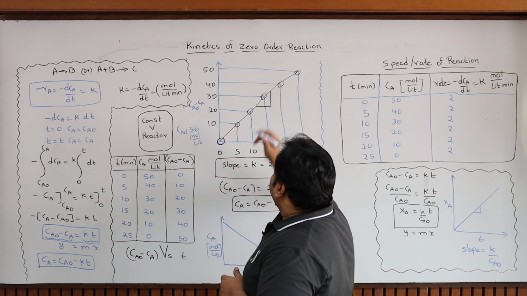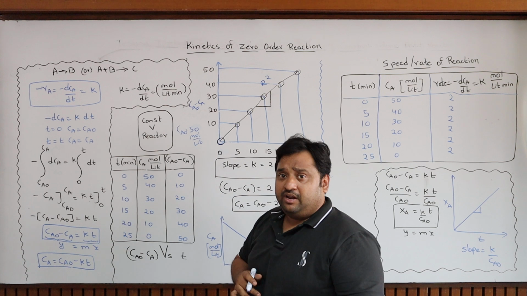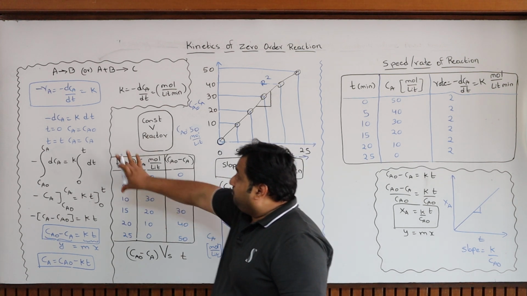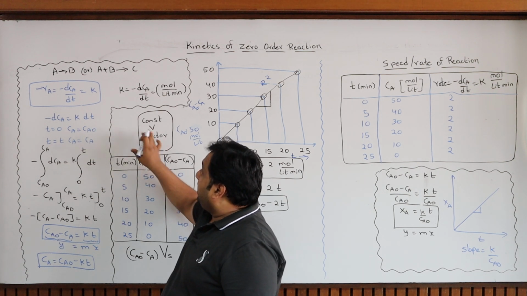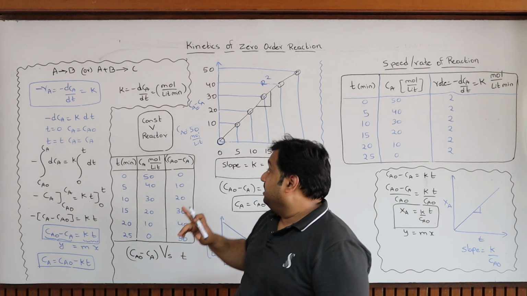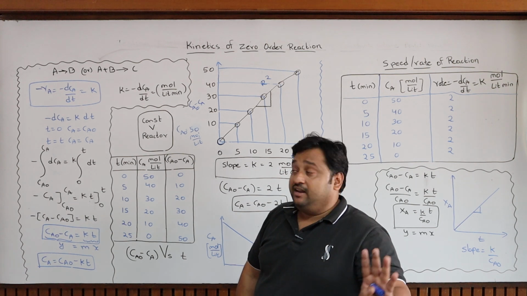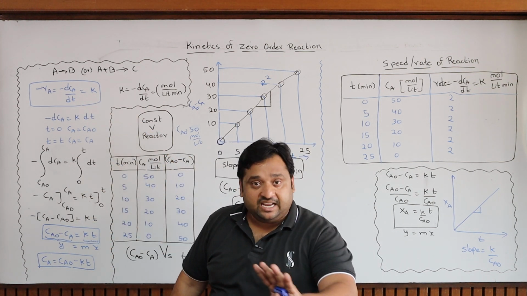If the R square value of this equation is close to or more than 99%, that means the particular reaction happening in the reactor is a 0 order reaction, as we assumed. It is correct. If the data points and line are not matching, then whatever we have assumed as 0 order is incorrect.